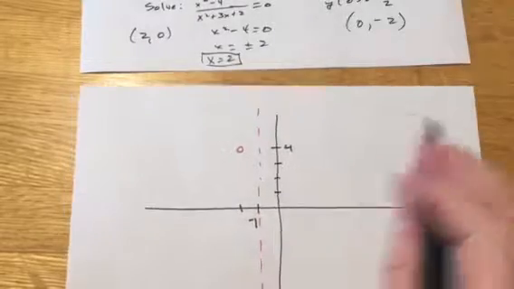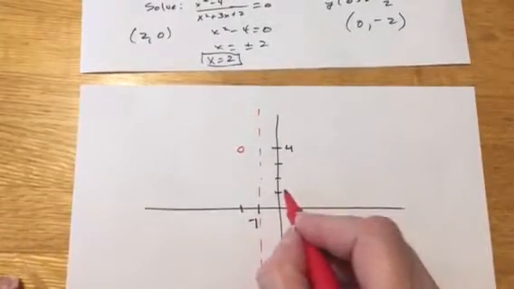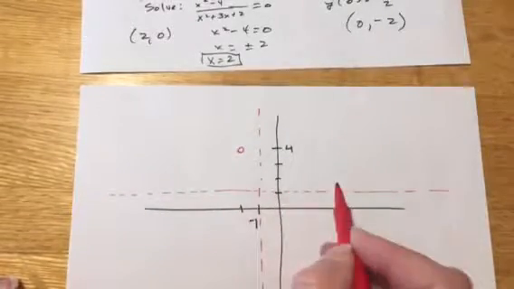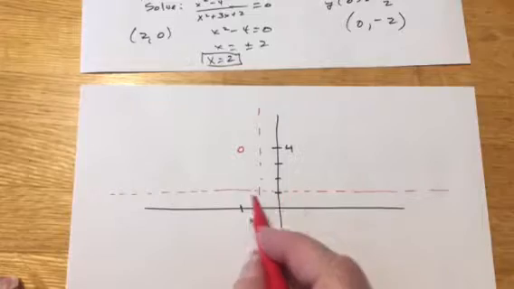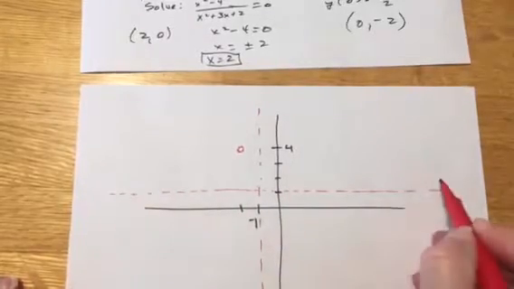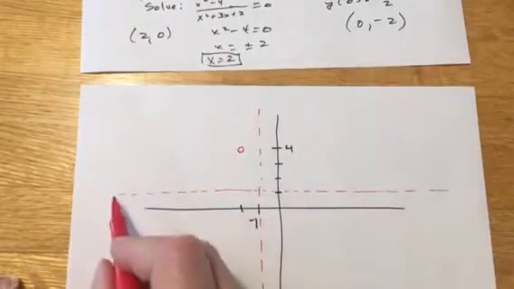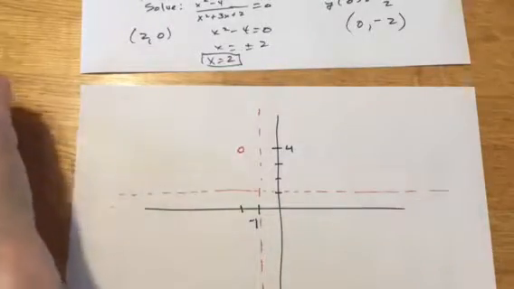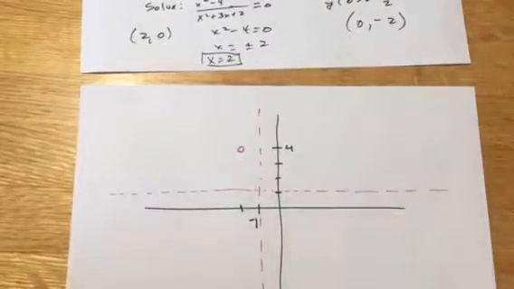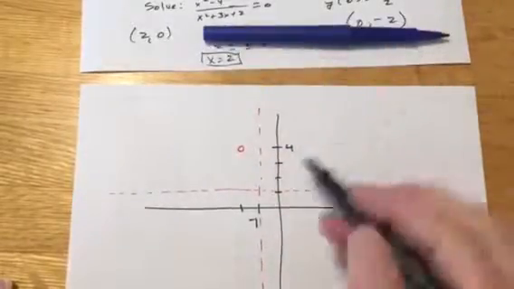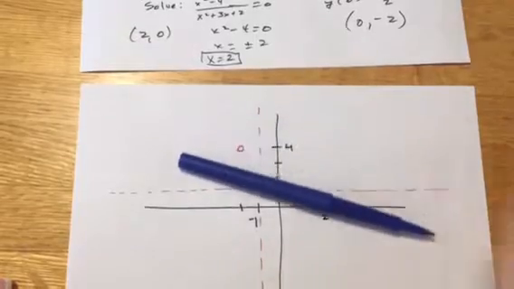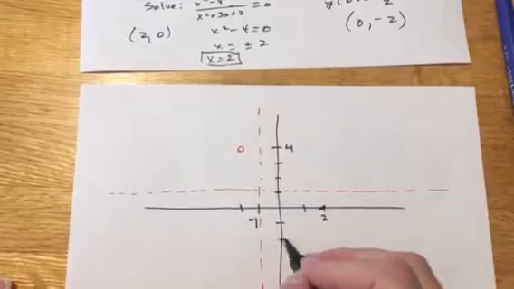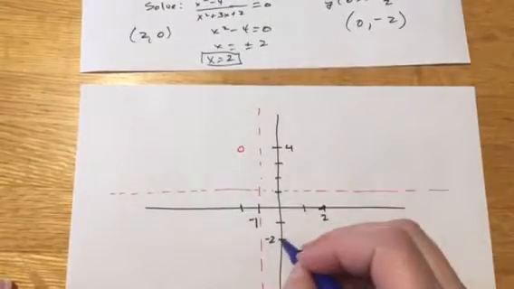We have a horizontal asymptote at y = 1. Remember, horizontal or oblique, in this case it's horizontal, means we begin our graph here and end it there. We also found in part D that we never cross this. And then we have a couple of intercepts: the point (2, 0), and the y-intercept at (0, -2).